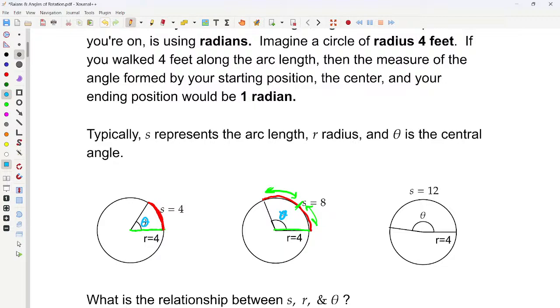If we went, or I went 4 radii, a total of 12 steps, radius, arc length, all this, and this angle in the middle, we will call 3 radians.